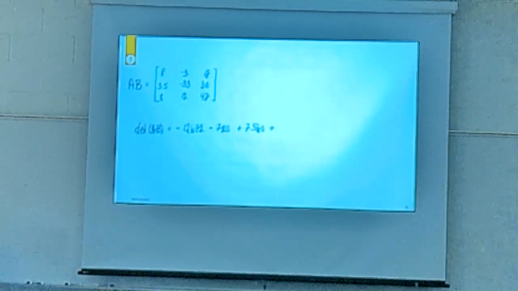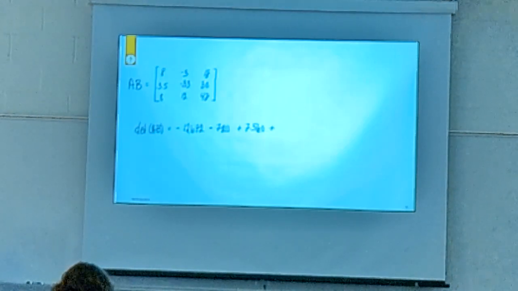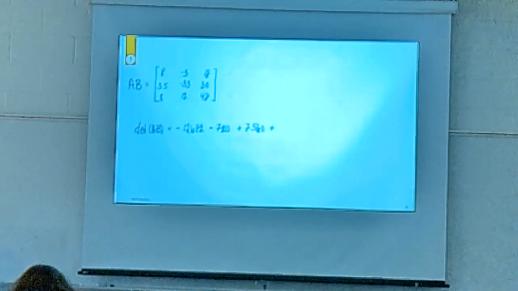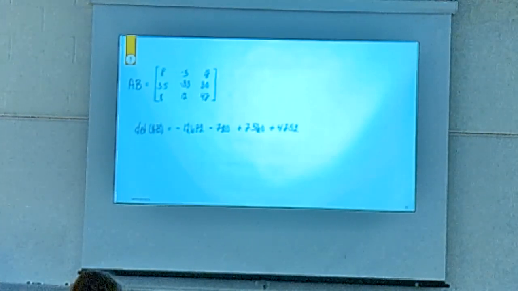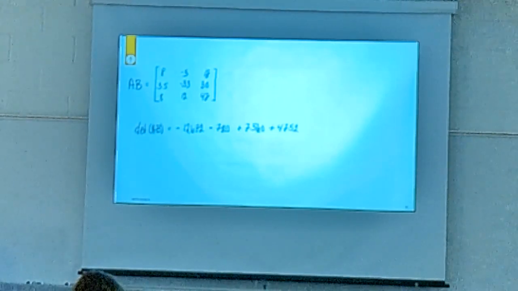This is going to be minus and negative. This is plus. 18 times 33 times 8. 4,752. How's it positive? Minus and negative.